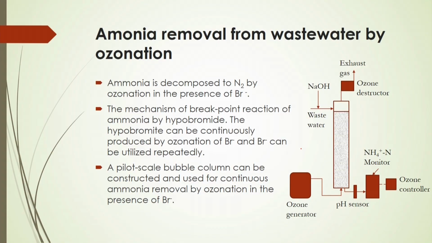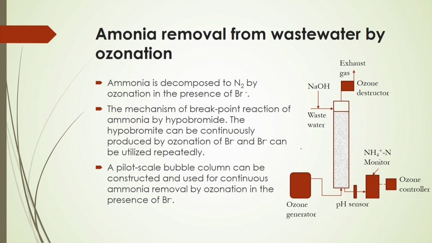so that you can get more interfacial area, and then there will be a reaction, or oxidation, of these ammonia contents, and they will be converted to ozone derivative products, or other derivatives, by this ozonation process. In the case of ammonia removal, ammonia is decomposed to nitrogen by the ozonation process in the presence of bromide.